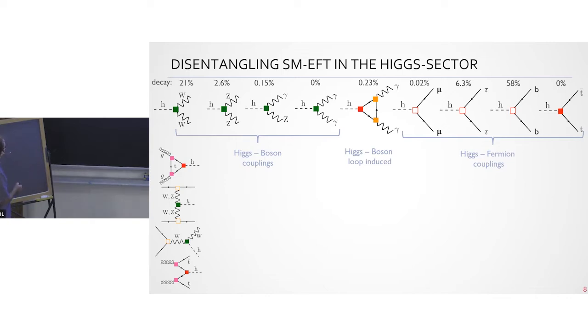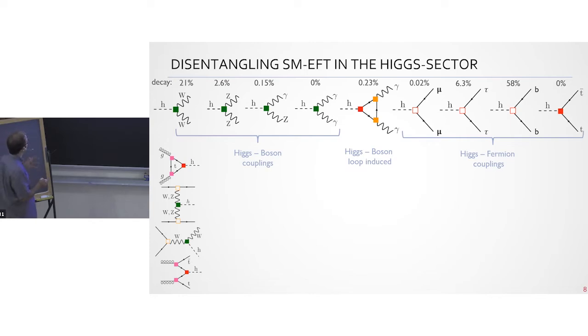You not only have production mechanisms, but also many different decay channels. I list here the branching ratios that tell you that most of the time your Higgs will go to 2 b quarks. Sometimes it will go to W bosons, which you can then see very clearly. There are also SMEFT effects in the Higgs decays.